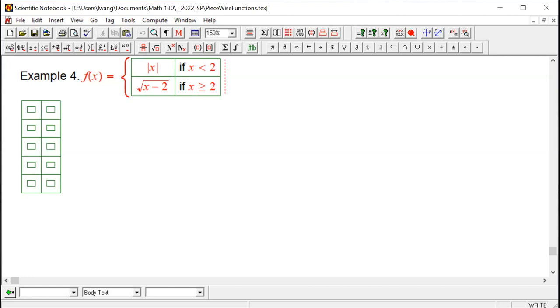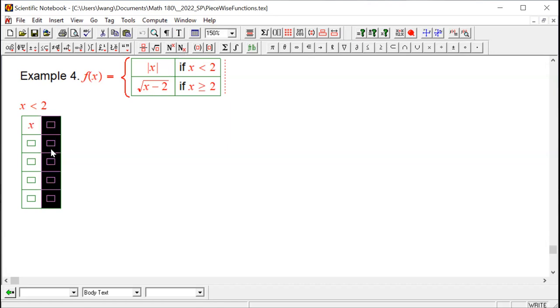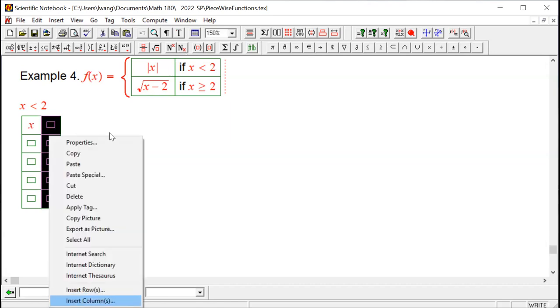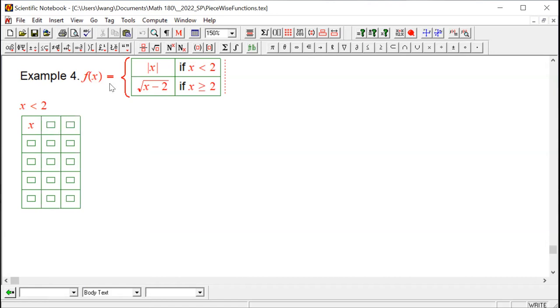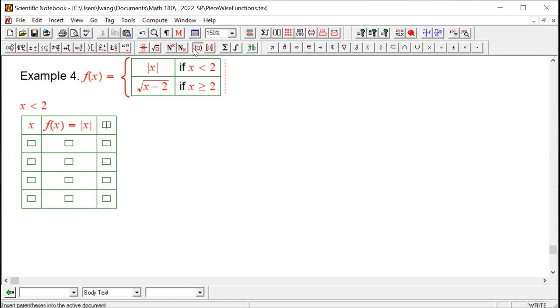So I'm going to make a table for x less than 2. That means I'm going to pick input, and we need one more column, output. The output is going to be the absolute value of x, because for x less than 2, f of x equals the absolute value of x. So our points are going to be input, output.